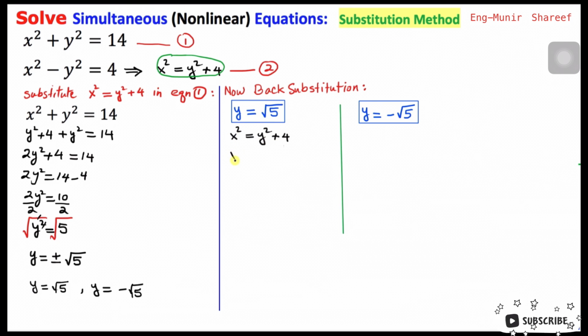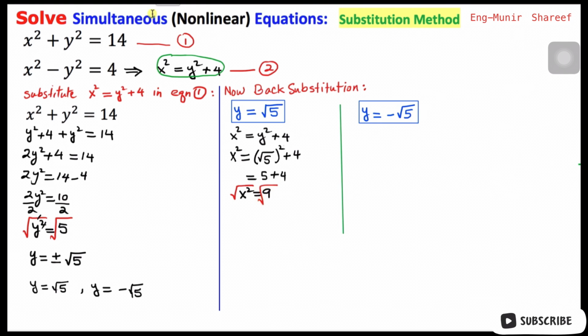So x squared is going to be equal to y, which in our case is square root of 5, and then squared, plus 4. That is going to give us square and square root of 5 cancel each other out, so we got 5 plus 4, which is equal to 9. So x squared turns out to be 9. Let's take a square root on both sides to undo this square.